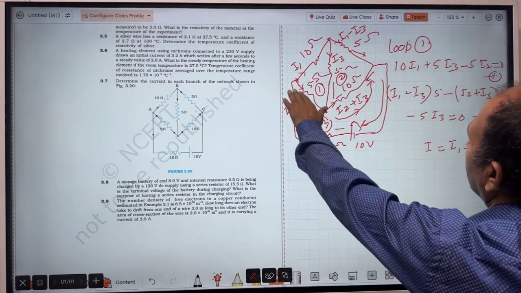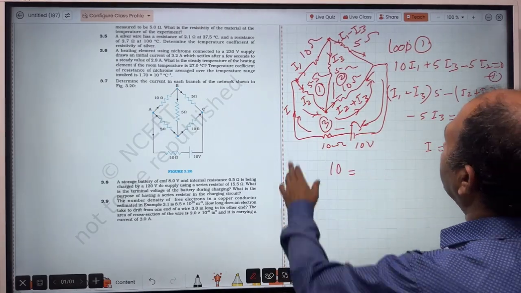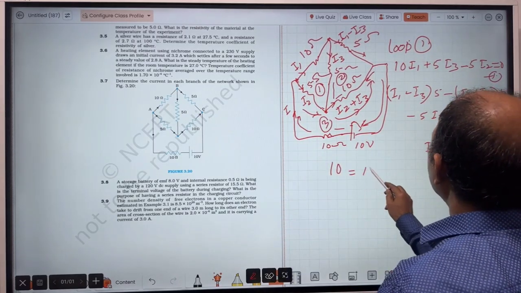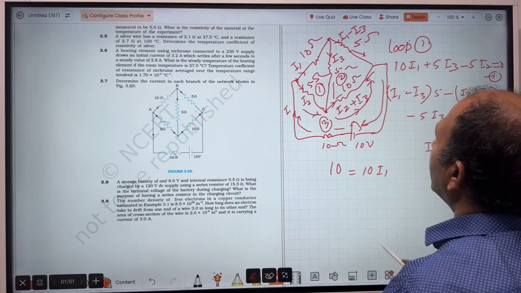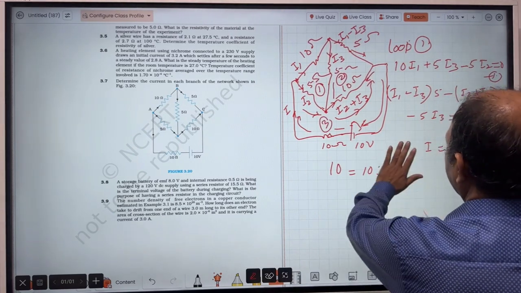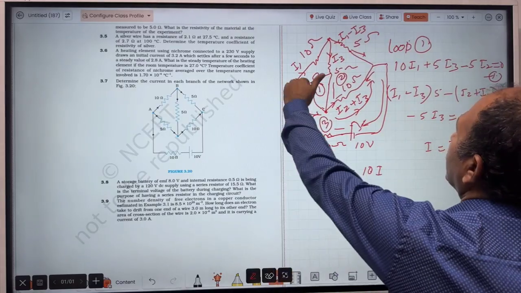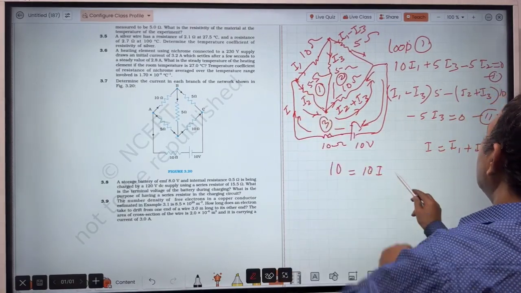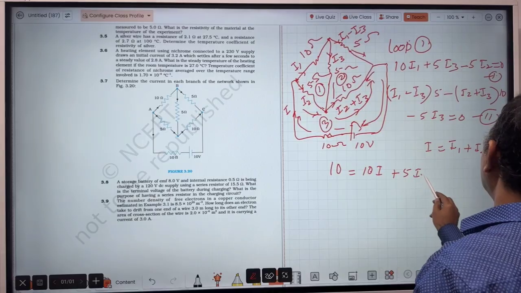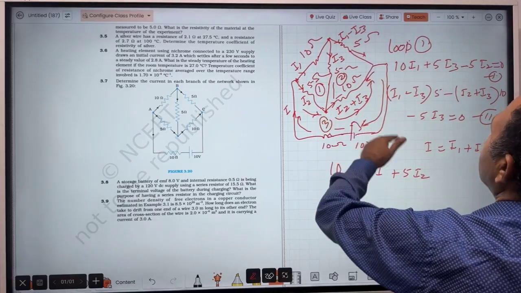And then we are taking this loop. So 10 equal to 10 times I, not I1, 10 times I, because this is I. Then we enter like this, so 5 I2, and then we go like this.